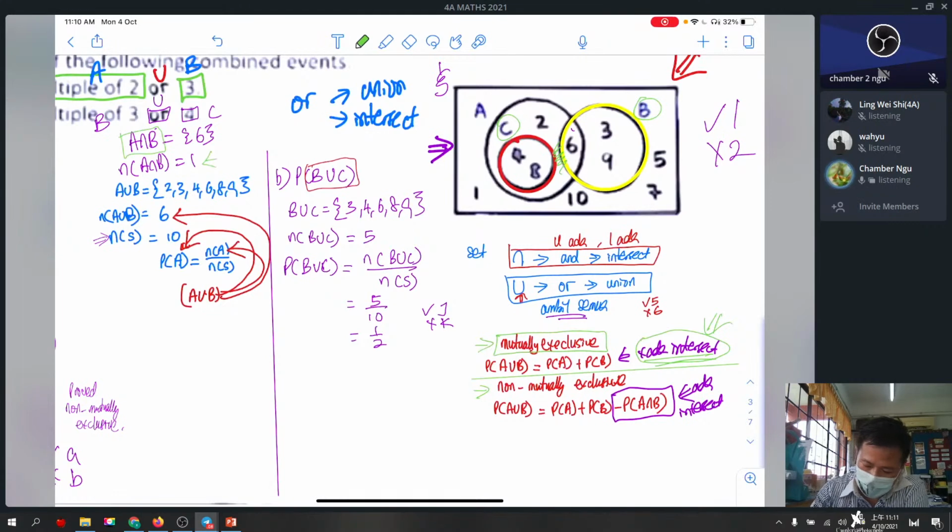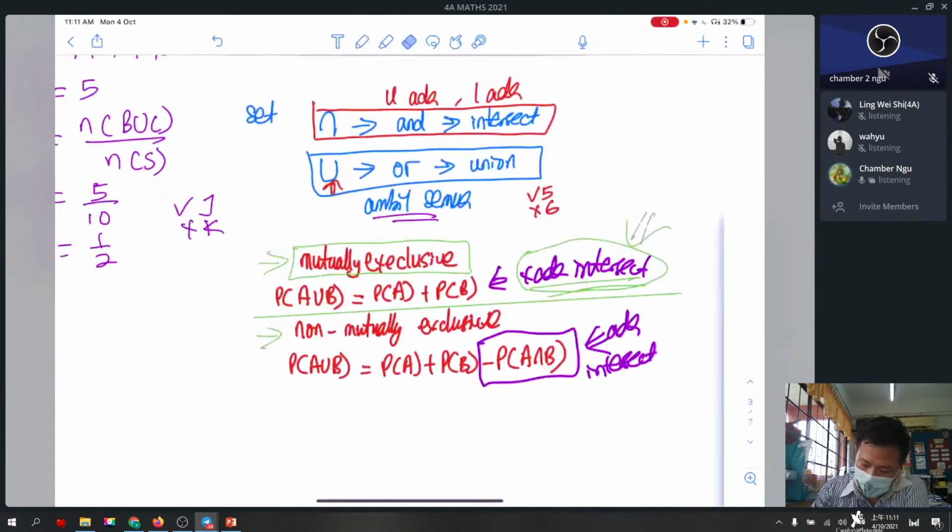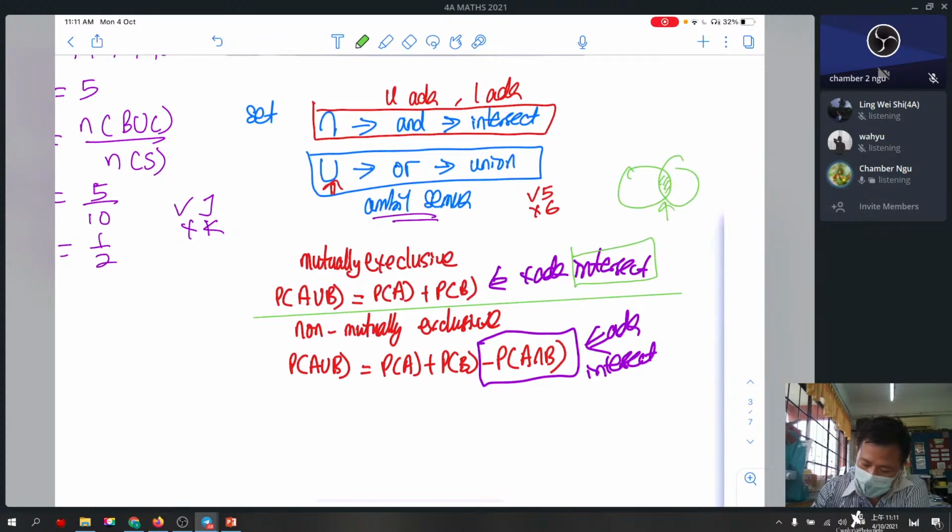Once again, first of all you have to be really clear about the meaning of intersect. Intersect is sharing a common element, meaning this element is in A and also in B. If there is an intersect, that means this case is non-mutually exclusive.